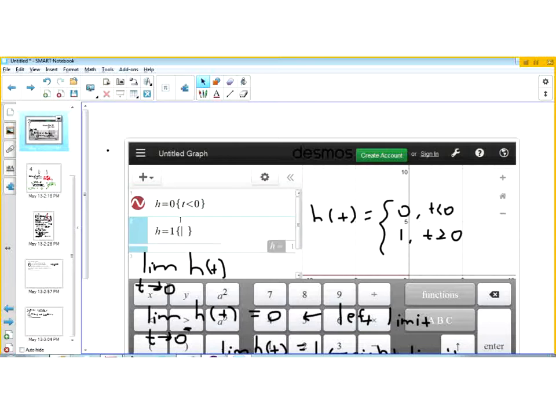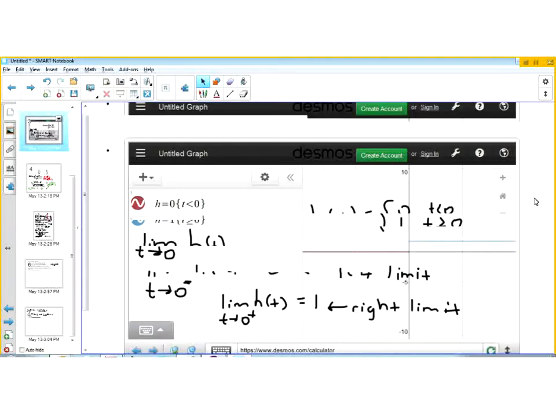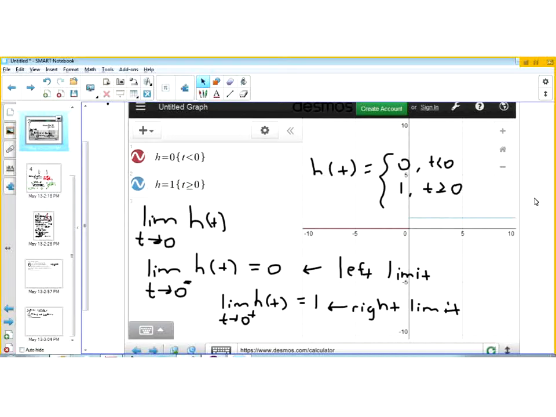H is equal to 1 for t greater than or equal to 0. So in the case of this graph, we have that the left limit was 0 and the right limit was 1. So that means that the left and right limits are not the same.